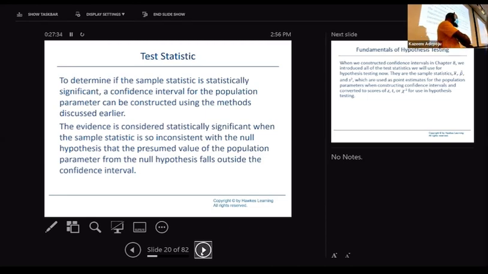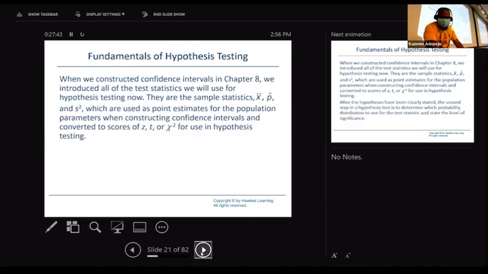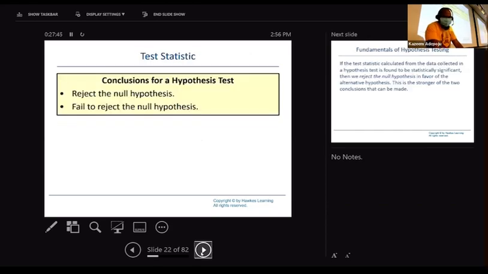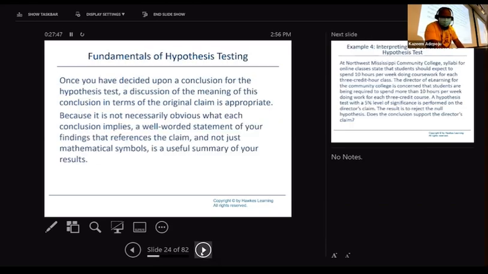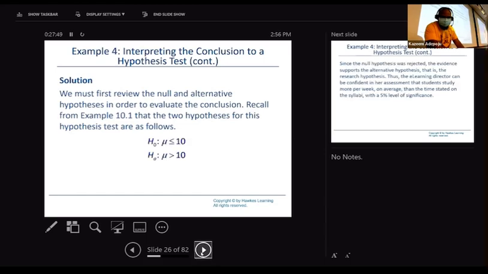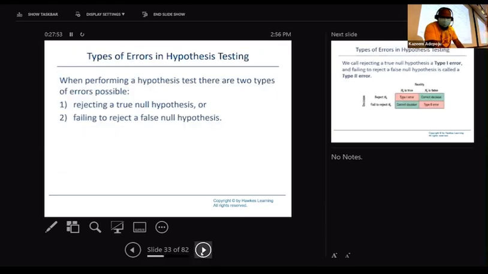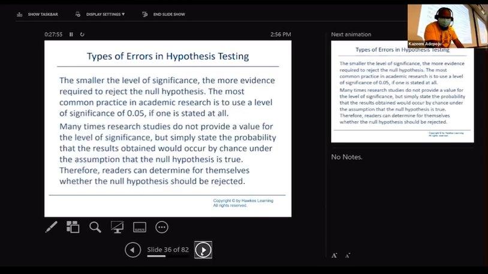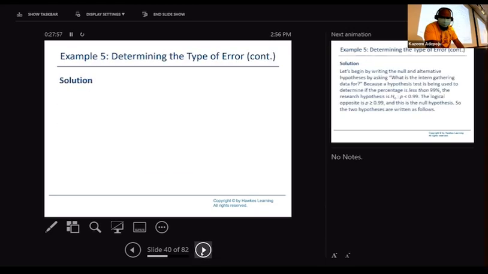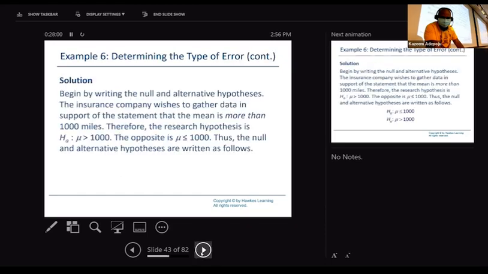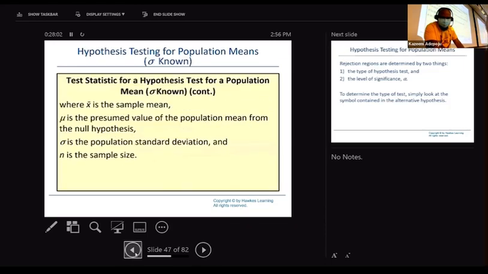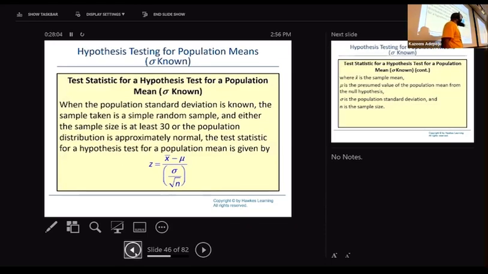And let me tell you this. We're going to have 2 forms of Z-score when we're using a Z-test. I'm going to show you, we're going to have this one.